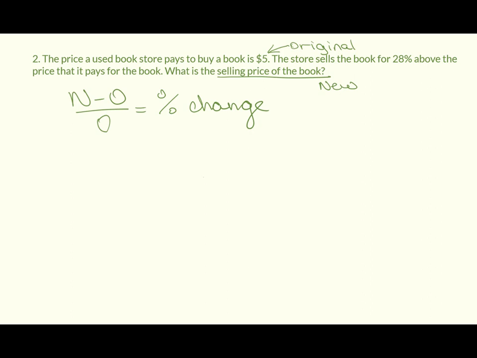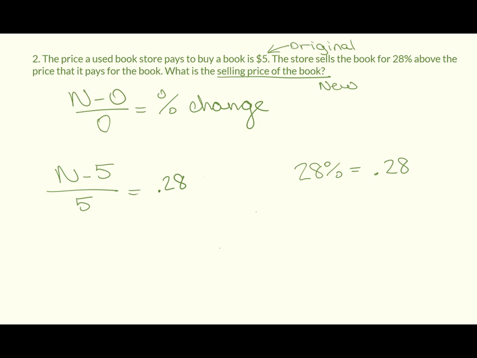So we say new minus the $5 that was original over the original price, $5 again, equals the percent change. It says it sells the book for 28% above the price, so that's an increase. We would say 0.28 because we're changing that 28% to a decimal.